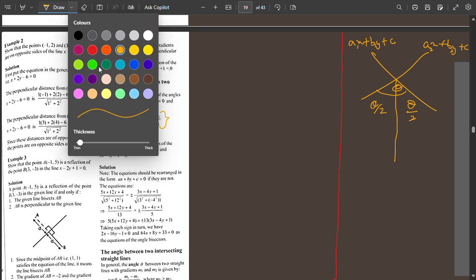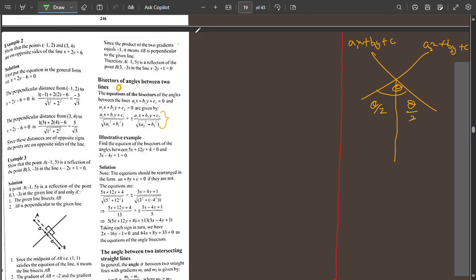So if we are writing the formula here, we'll have ax plus by plus c, divided by the square root of a squared plus b squared, also ax plus by plus c, divided by the square root of a squared plus b squared. Perfect. This is the equation.